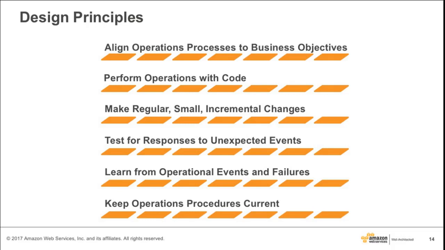Organizations build muscle memory by running game day simulations for failures. They can test recovery processes and learn from these and other operational events to improve and automate their responses. Finally, because infrastructure is now code, one can detect when documentation is out of date and even automate the generation of the documentation.